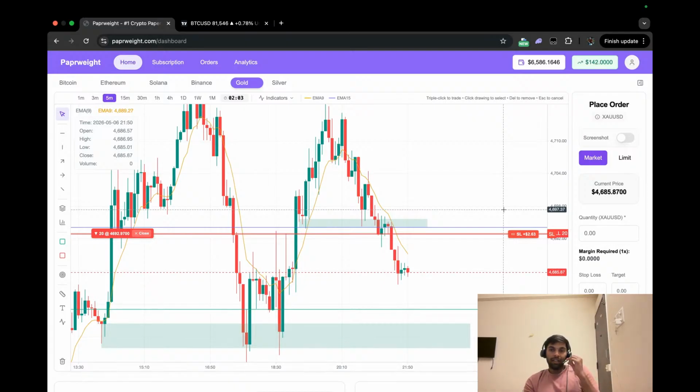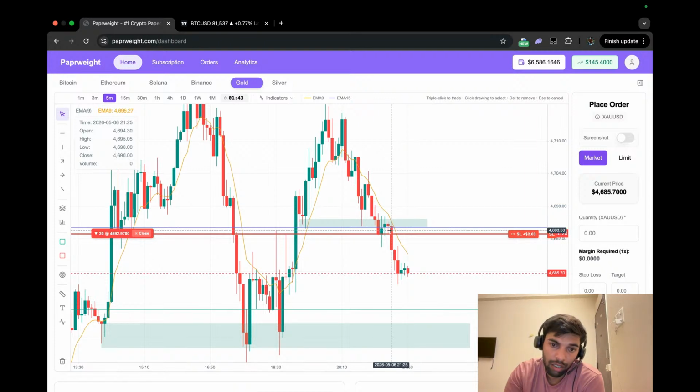Gold is trying another attempt. Let's see, it already took a pullback. Now let's see if it will move in the direction where it was originally going.